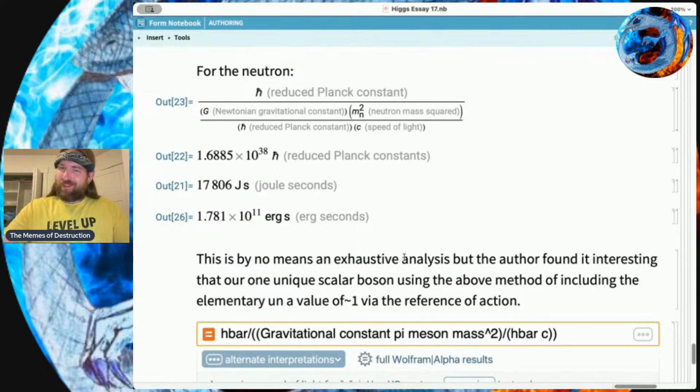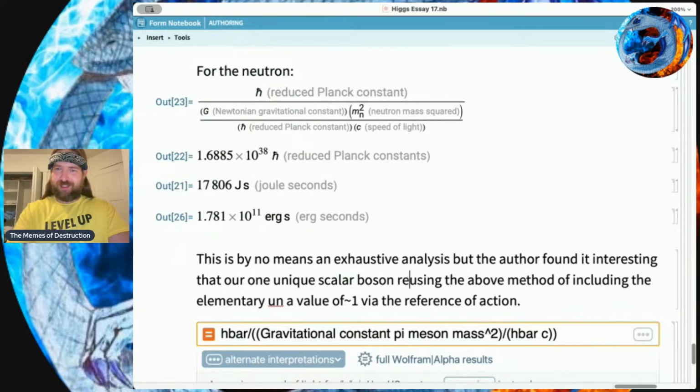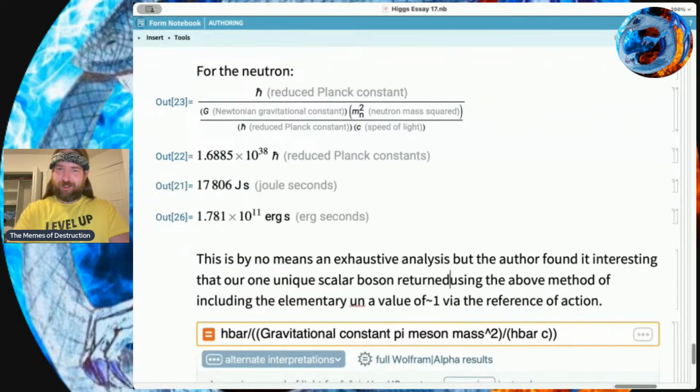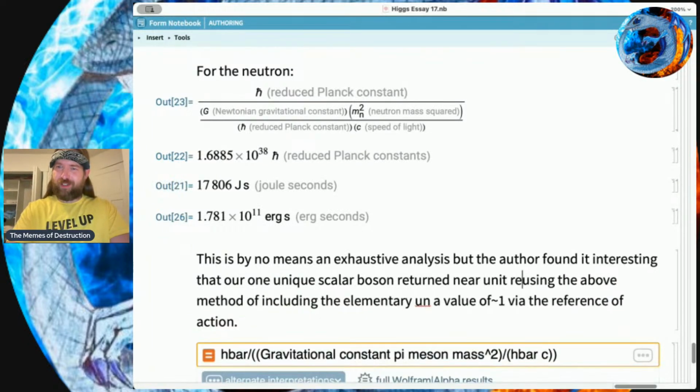By no means an exhaustive analysis. Interesting. One unique scalar boson returned near unit results.